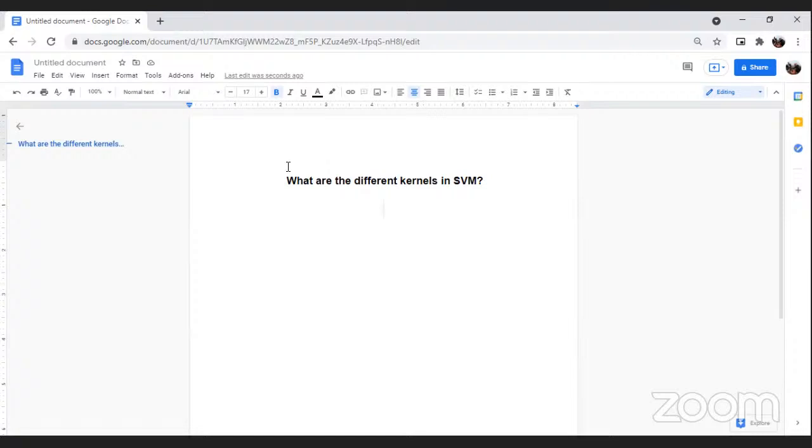So what are the different kernels in SVM? It uses a hyperplane to separate out different classes. All right. So that is based on the kernel functions. So now we are discussing the different kernels in SVM.